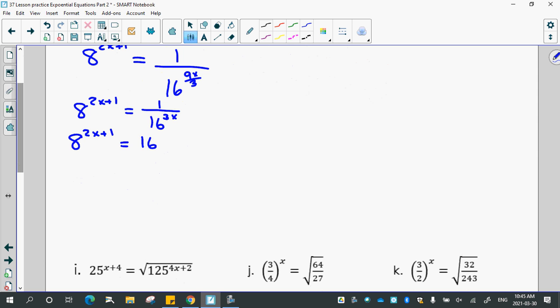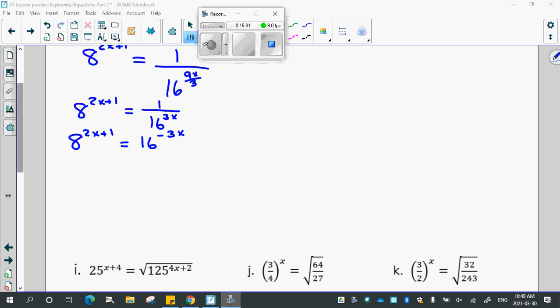So that's going to be 16 to the negative 3x. So at this point, can I write 16 as 8 to the something? No, so I have to have a common smaller base. Okay? So let you guys finish it from there.